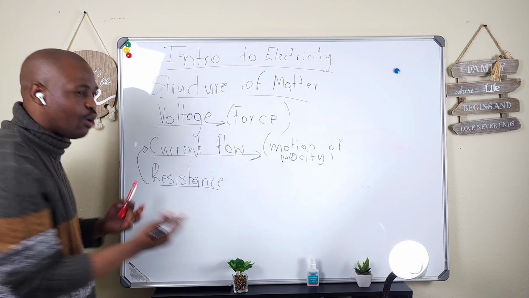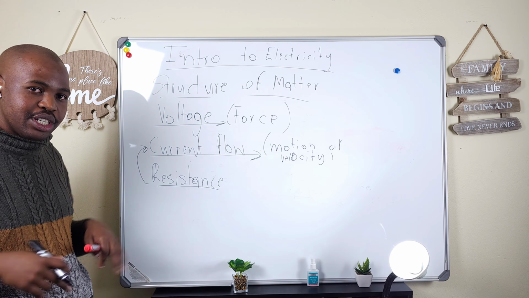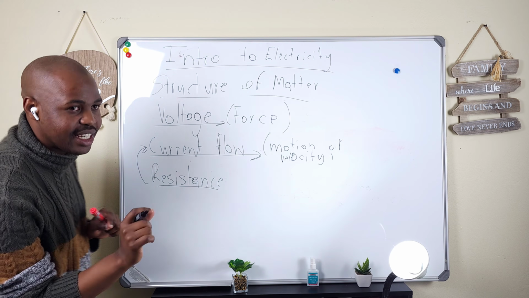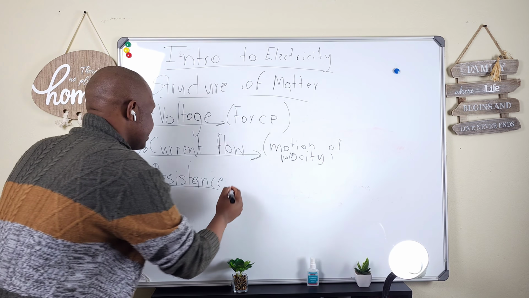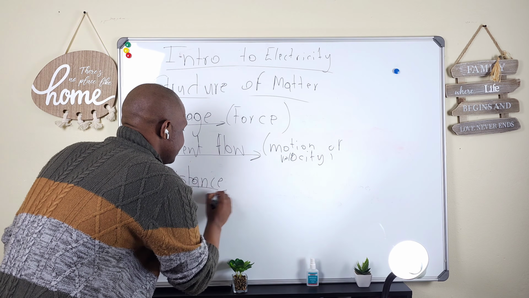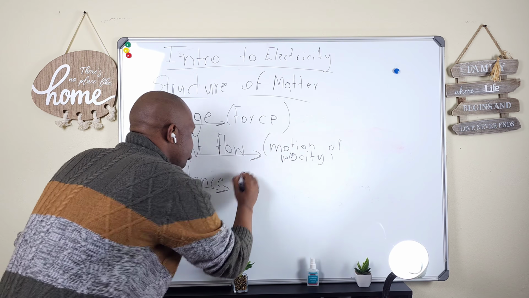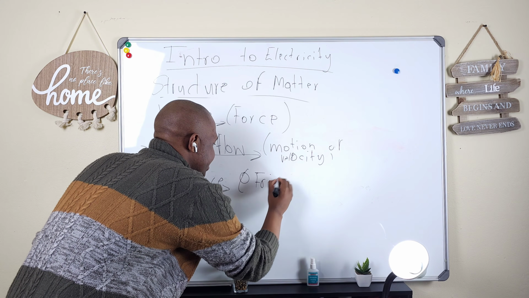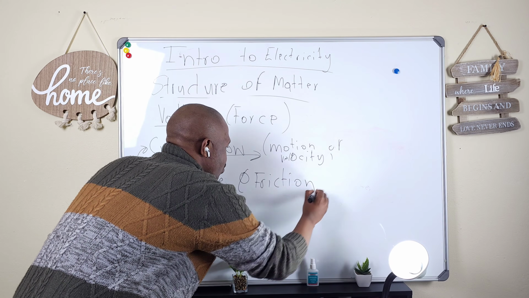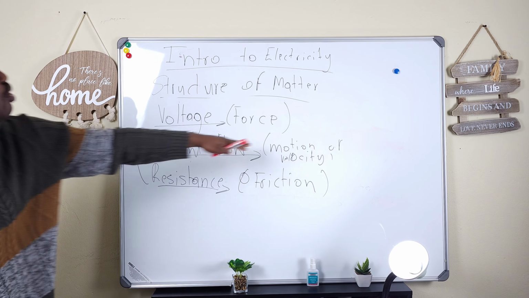My body opposes the motion of current flow, but at a certain level. Resistance is the opposition, or think of resistance as a friction.